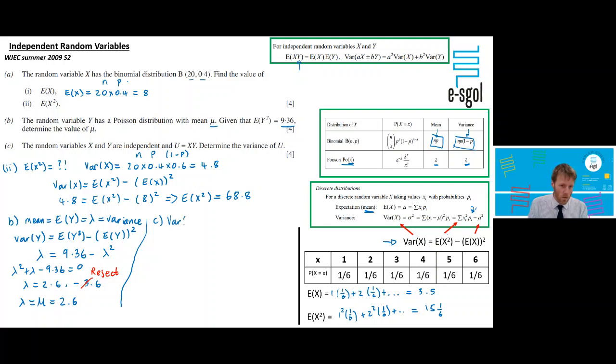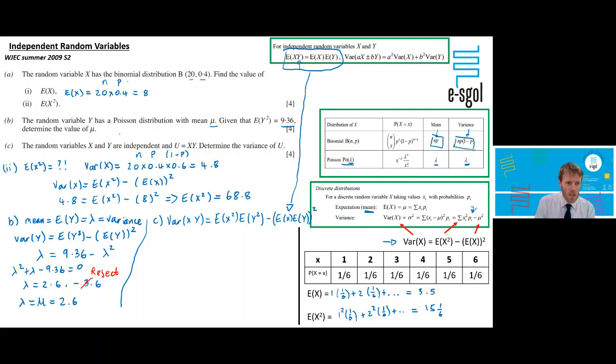So the variance of x y equals, and you take the individual E of x squared values, so E of x squared times E of y squared, and you take away the expected values multiplied together, E of x times E of y, all squared. They kind of give you this bit here in the formula book.